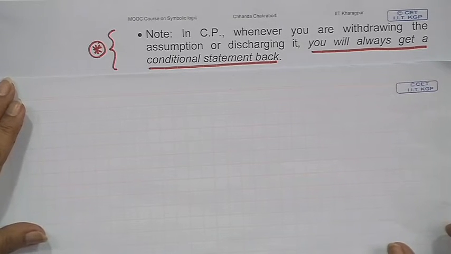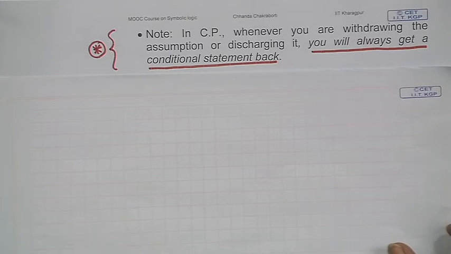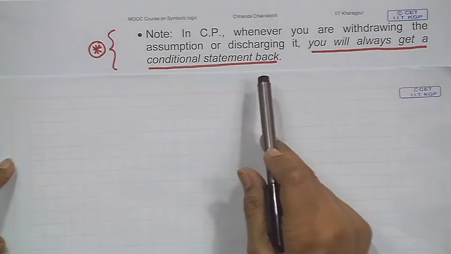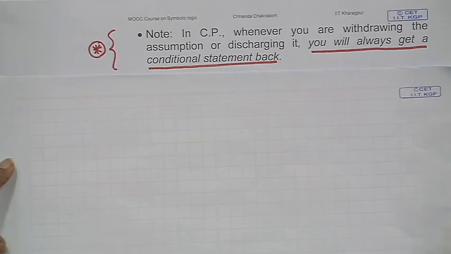The main and the most important thing in conditional proof is this: whenever you are withdrawing or discharging an assumption, you are going to get back a conditional statement, as in an if P then Q type of statement.